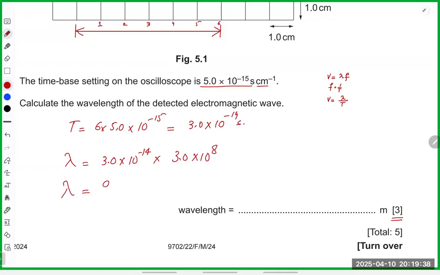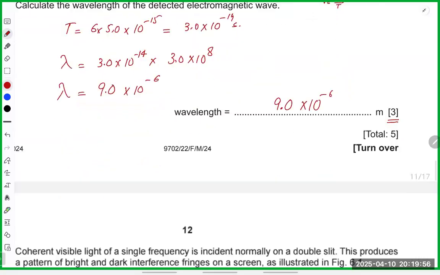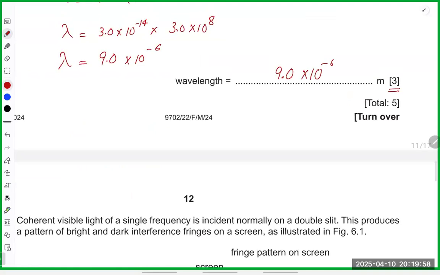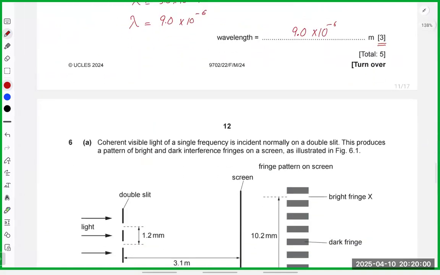So lambda is going to be 9.0 into 10 to the power minus 6. It is still in the infrared part.